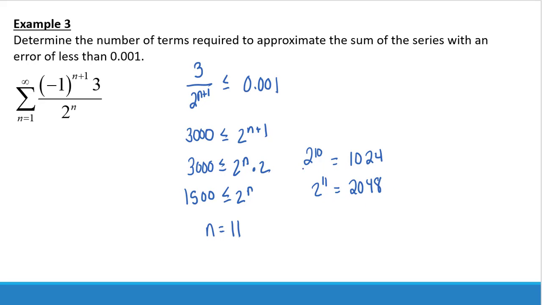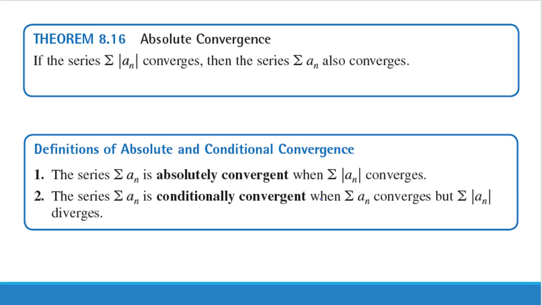Okay, absolute convergence, and then conditional convergence. A series converges if the absolute value of the series converges. Then we know the series without the absolute value signs also converges.